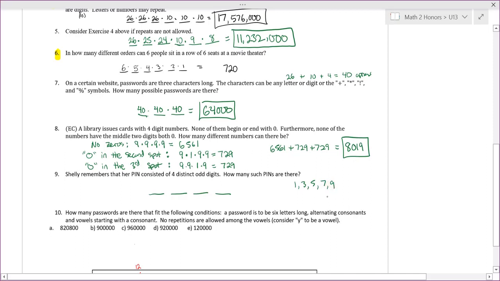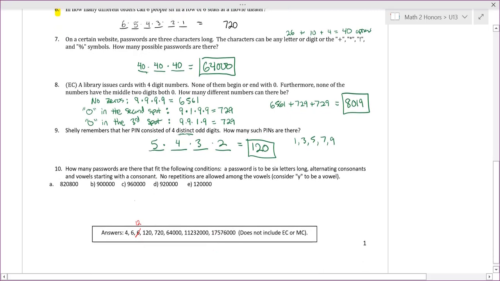So you have 5 odd digits to choose from. They're distinct, which means you're not going to repeat. That's what the word distinct is going to mean. And so here we have 5 options for our first pick, and then 4, and then 3, and then 2, and you multiply that together and you get 120 different pins available.